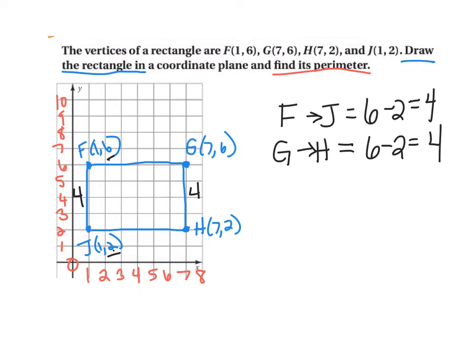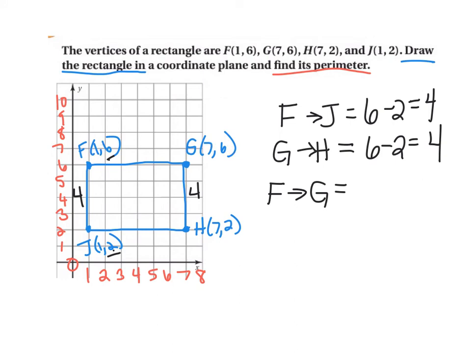Then we look at the other matching ones, and in this case we're looking for matching y coordinates. So here from F to G, we can see both are at 6 spots up. Those are our y coordinates, matching y's.